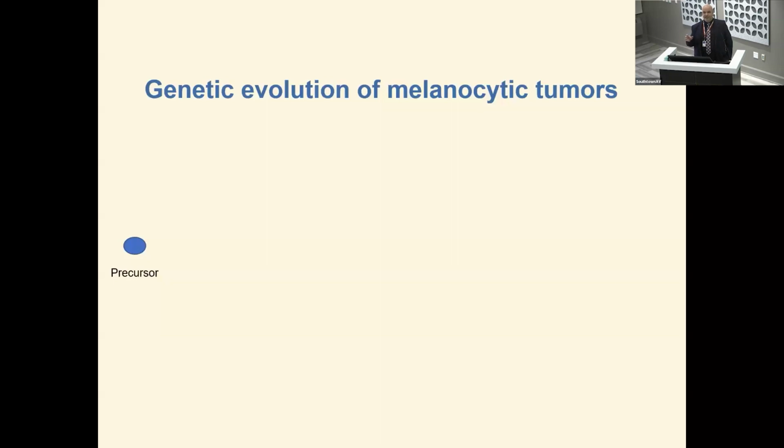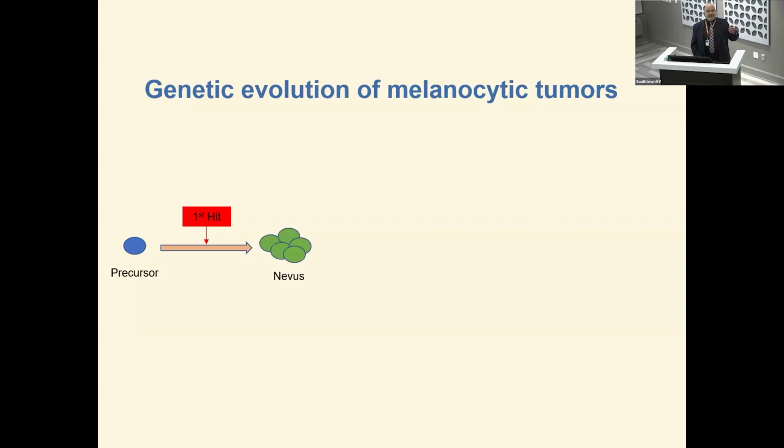Most of those mutations don't produce anything. The cell will basically die or not proliferate, but every now and then, there is one mutation that activates and makes the cell proliferate. So this is a hit, a genetic alteration, and will produce multiplications of these cells that all contain this hit. And this usually creates a nevus.